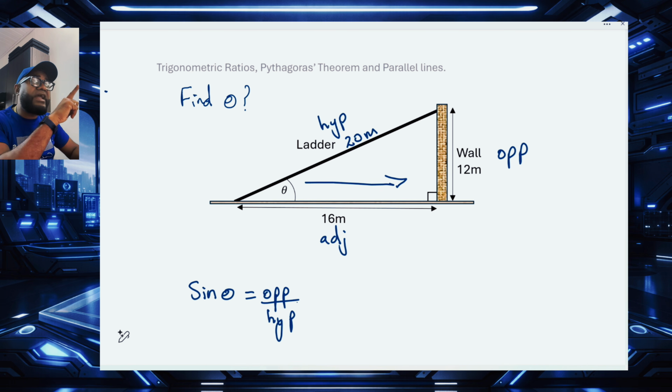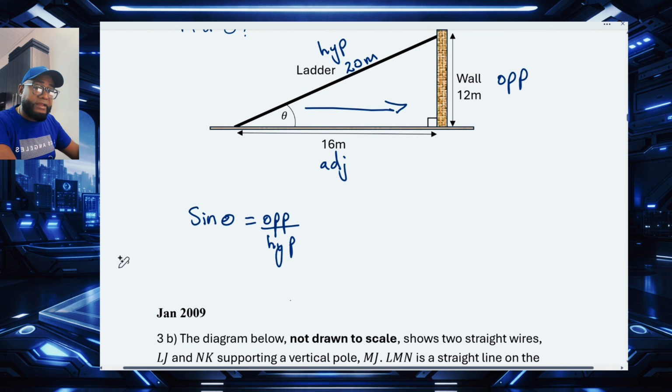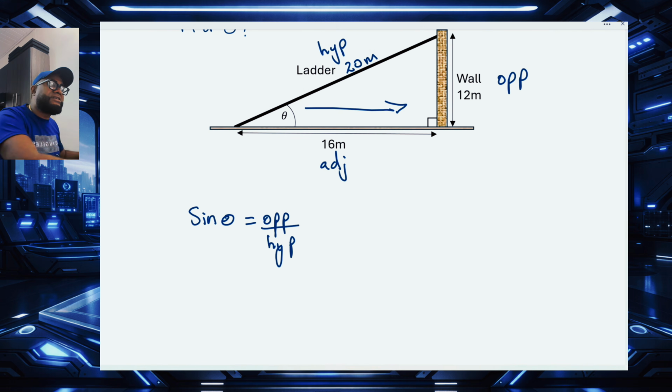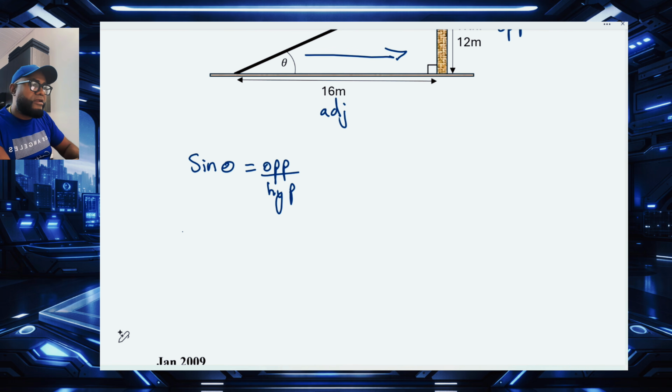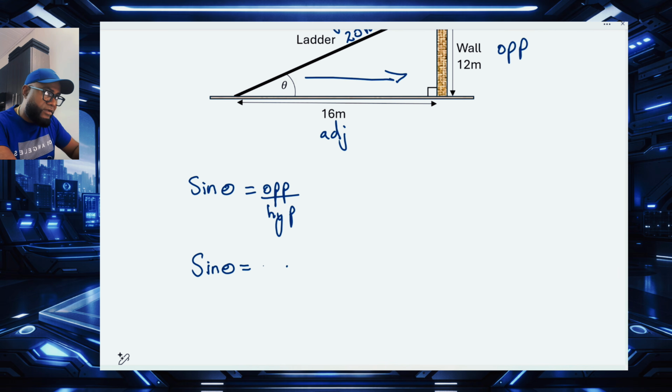Your opposite side here is what? What is my opposite side? Sometimes I ask you all the most trivial questions just to make sure you're following, right? Very good. So sine of theta, which is unknown, would be equal to my opposite, which is 12, over my hypotenuse, which is 20.